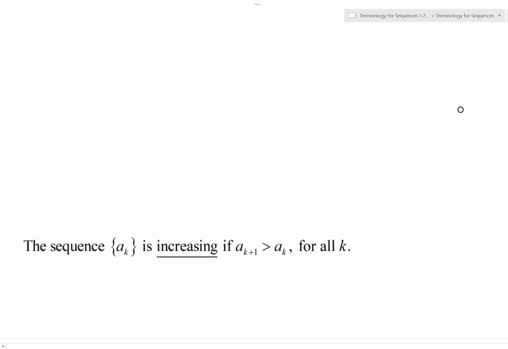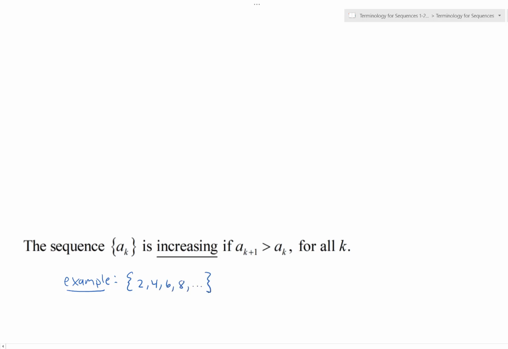We say that the sequence a sub k is an increasing sequence if a sub k plus 1 is larger than a sub k for all k. What that's saying is that the next term in the sequence is always larger than the previous term. For instance, an example of a strictly increasing sequence: what if we had 2, 4, 6, 8, dot, dot, dot.